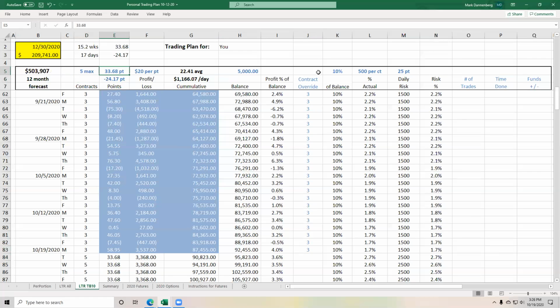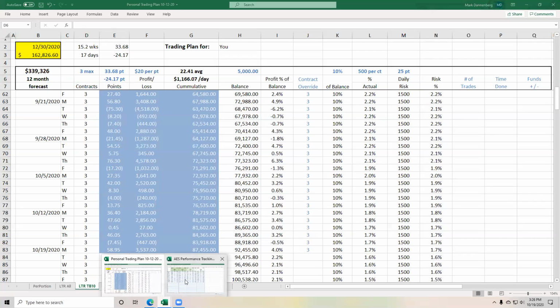Maybe you decide you're very comfortable with a 10% limiter of account value, and so 5 contracts is comfortable for you, and you could possibly increase your total income for a 12-month period to $500,000. I'm going to leave ours at 3, and what I want to talk a little bit about is averages.